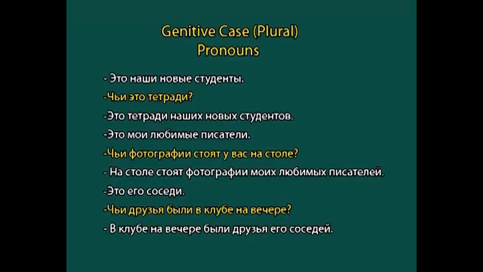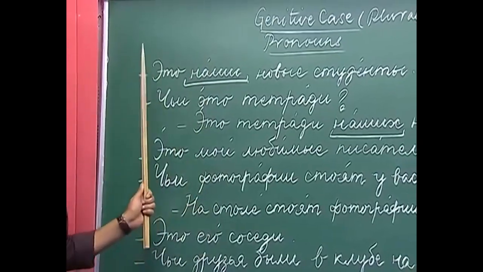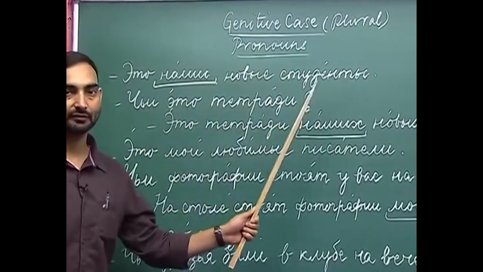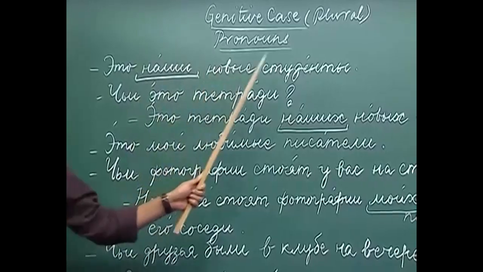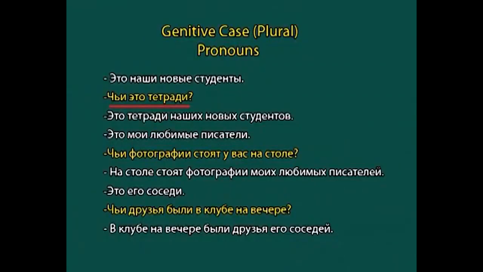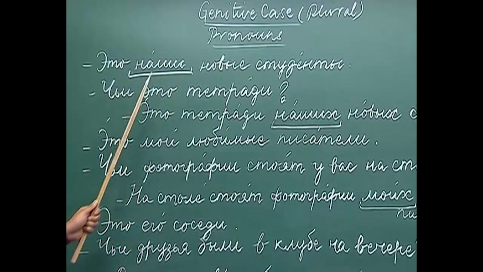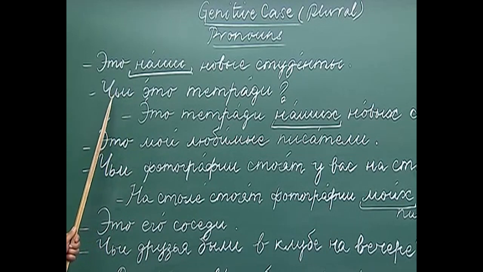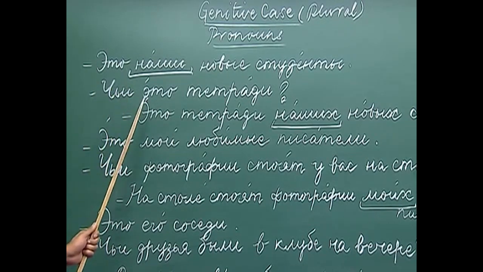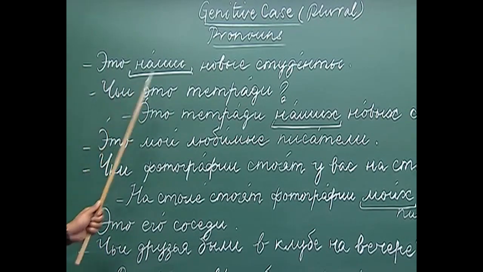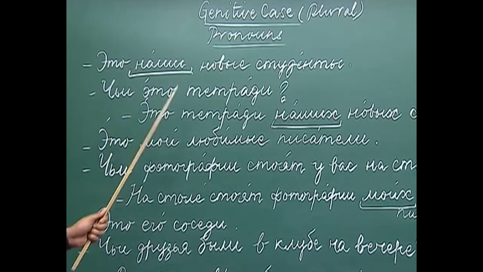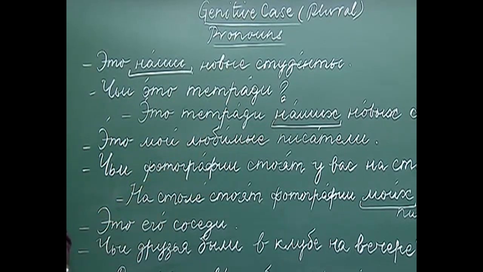I have written a sentence here: Eti nashi novie studenti. These are our new students. The question next to the sentence is: Chi eti tetradi? Chi, as you already know, means whose, and when we answer chey, chya, chyo and chyi, we use a possessive pronoun.